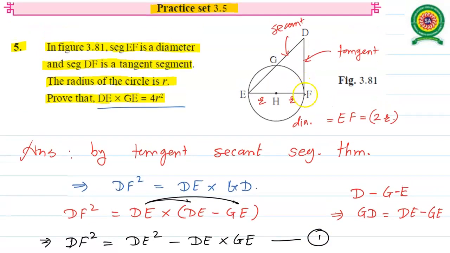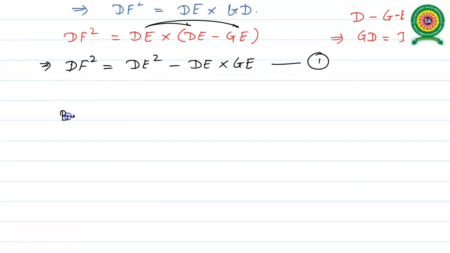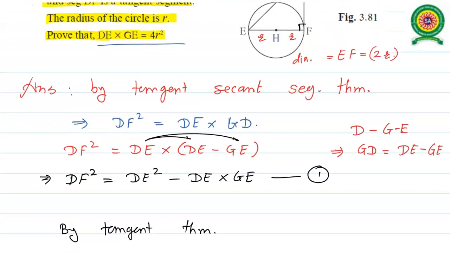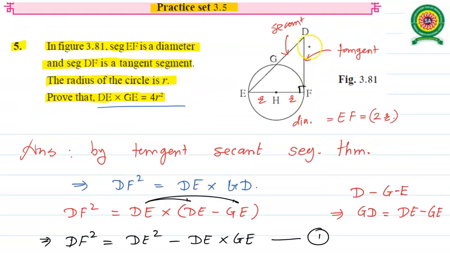Now we well know tangent is always perpendicular to the radius of the circle as per the tangent theorem. So I am writing, by tangent theorem, once EH and EF are collinear points, instead of writing radius as HF, now I am writing EF is perpendicular to DF, or we may say tangent is perpendicular to radius.